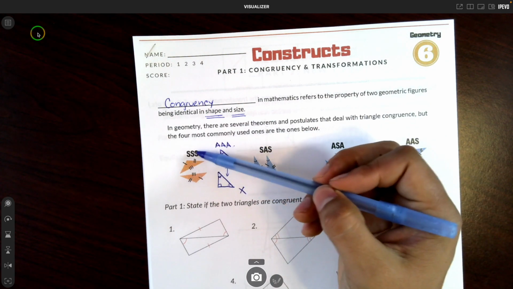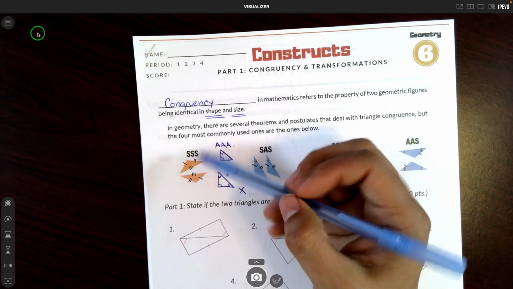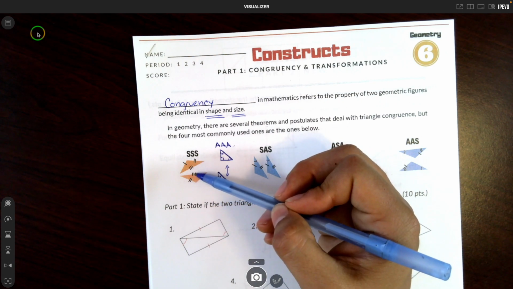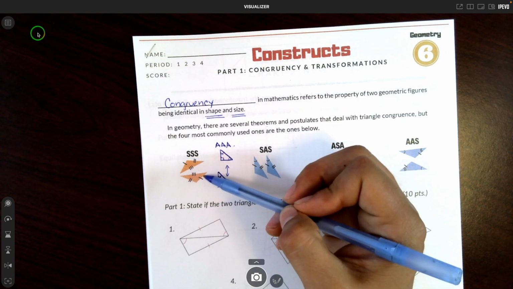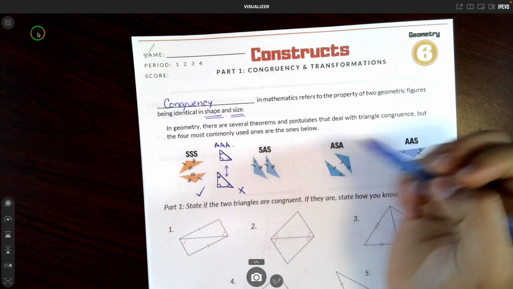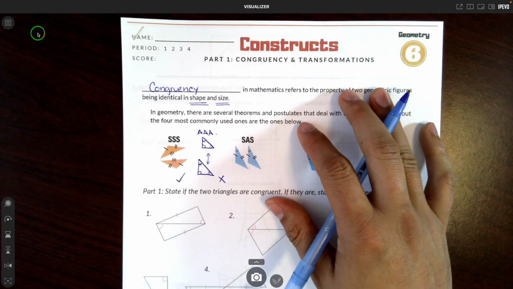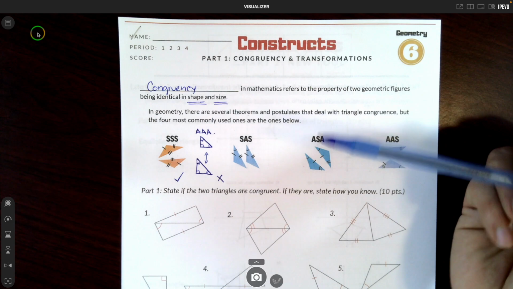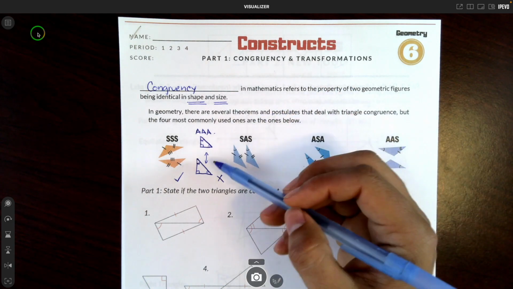Now, in this example, we're saying if all three sides are the same, if this side's the same as that side, this is the same as that, and this one's the same as that one, all three sides, then yes, this is congruent. So there are lots of shortcuts that don't work, and in this case, I'm calling theorems and postulates shortcuts right now.